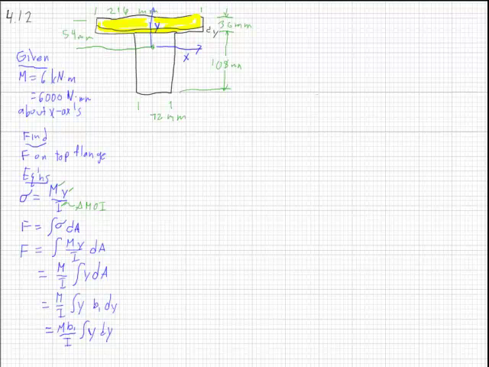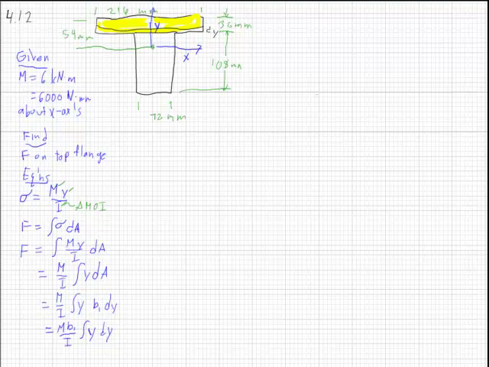And we're going to go from, the y is the distance from the centroid to whatever point you're interested in. So in this case, we're starting at the bottom of the top flange, which is 18 millimeters, 54 minus 36, from the centroid, and going all the way to the top, which is 54 millimeters.